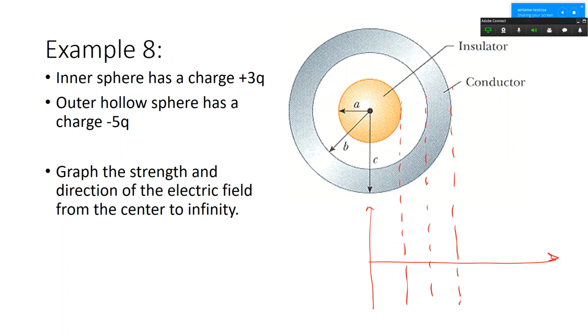So again, as a reminder, what does it mean that I have a charged insulating sphere? Charges don't move within the material. Contrast this to a conductive sphere. What could you say about the charges on a conducting sphere?